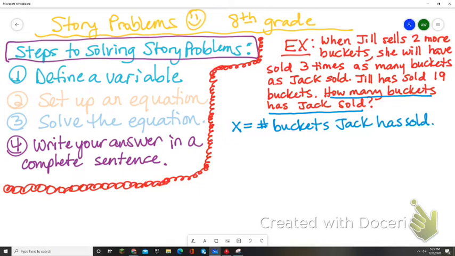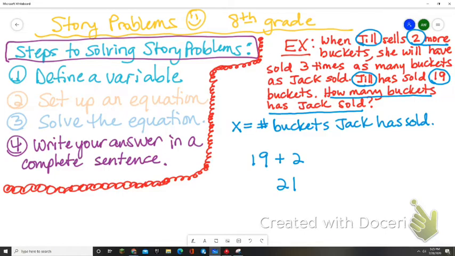So my total that we have here, Jill has sold 19 buckets. And when Jill sells 2 more, so if she sold 19, when she sells 2 more, that'll be 21. She will have sold 3 times as many buckets as Jack.